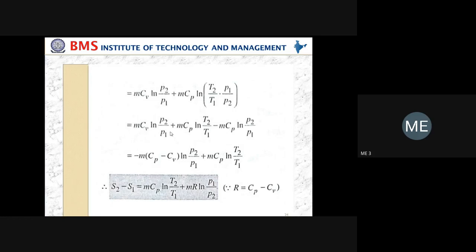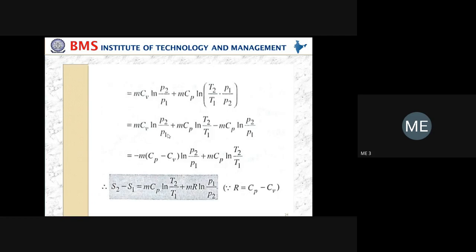The first term and third term contain the ratio P2 by P1, so take the common term. I am adding these two terms and putting them in one format: minus m common, Cp minus Cv, because minus into minus is plus, into ln P2 by P1.